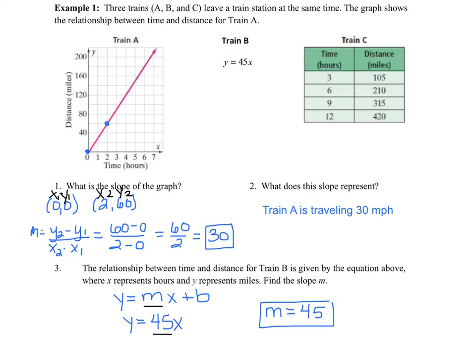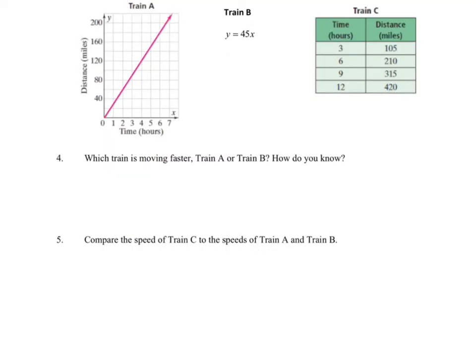Let's look at part 4 of example 1. So in part 4 it says which train is moving faster, train A or train B? How do you know? Well, in part 1, we found out that train A is moving 30 miles per hour. That's what we found the rate of change or slope in part 1. In part 3, we found out that train B is moving 45 miles per hour.